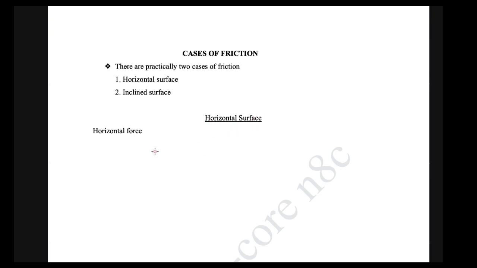Now, when an object is placed on a horizontal surface, a force can be applied on it horizontally or inclined. So let's consider the first case, when the force is horizontal. Let's say you have a rough surface and an object is placed on it, a rigid object, a solid object.